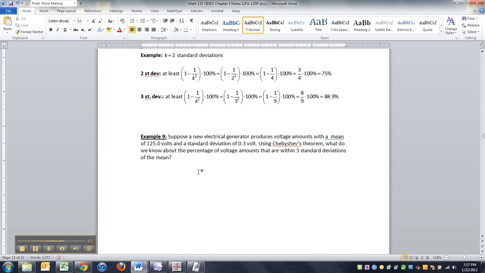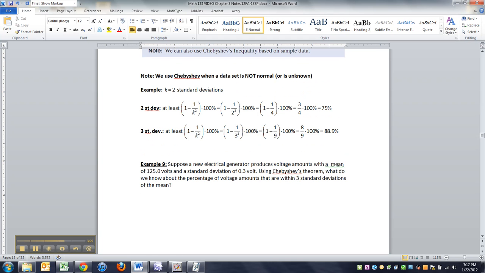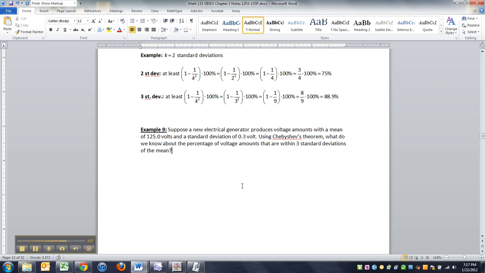All right? So suppose a new electric generator produces voltage amounts with a mean of 125 volts and a standard deviation of 0.3 volts. Using Chebyshev's theorem, what do we know about the percentage of volts that are within 3 standard deviations?